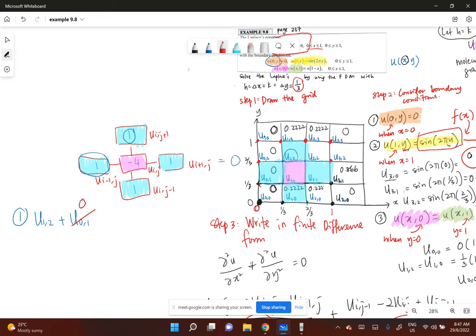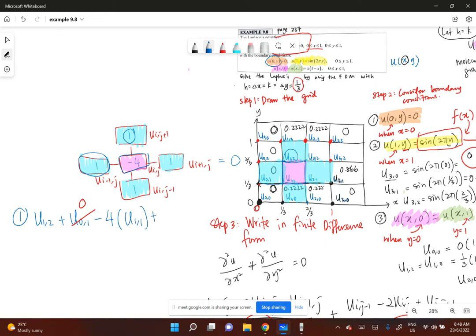And here, this is negative 4. See? So 4 times this one. This one is U11.